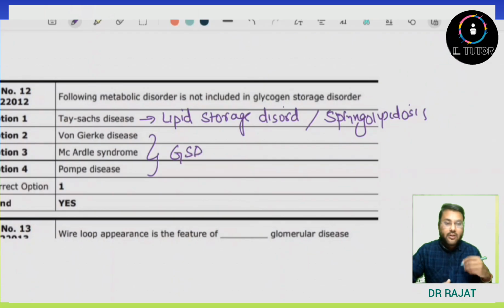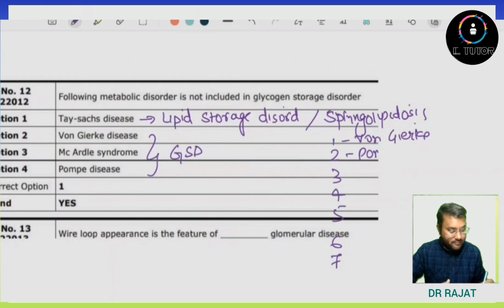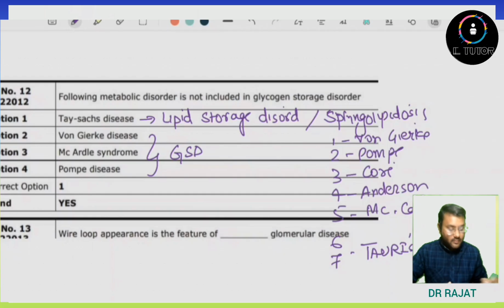If we talk about the glycogen storage diseases, there are types 1, 2, 3, 4, 5, 6 and 7. First is Von Gierke, second is Pompe, third is Cori, then Andersen, then McArdle's, then Tarui, and one is Hers disease.